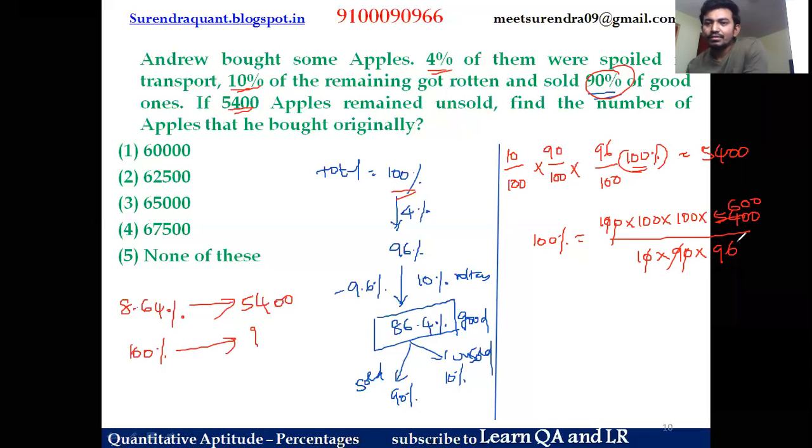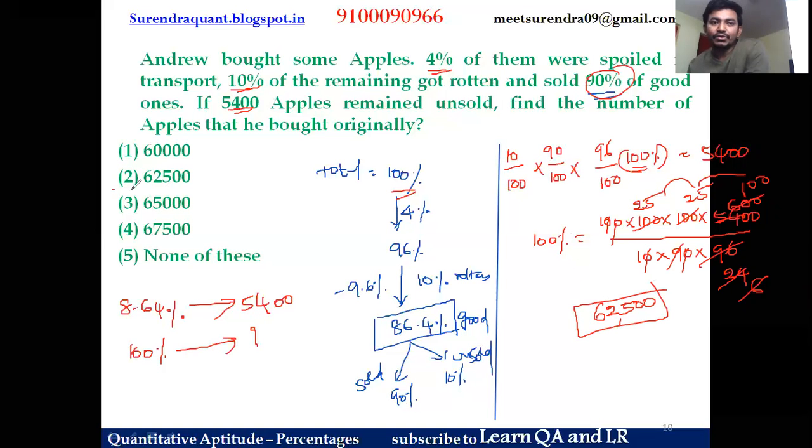So here 4 2s are 8... 25s are... 6 goes 100 times, right? So 25 into 25, 625, 625 into 100, 62,500 number of apples you bought originally, and that is option 2.